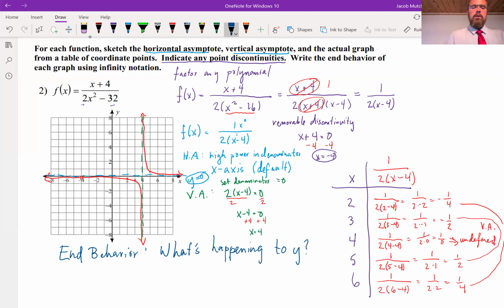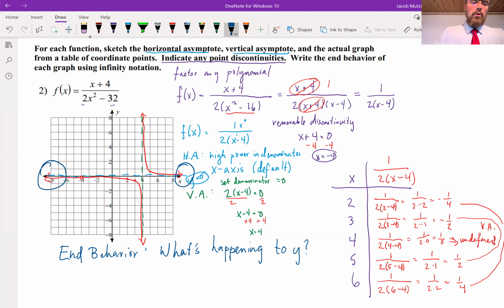So as I look both on the left and on the right extremes of the graph, what I'm noticing is that the y value is getting closer and closer and closer to the x-axis. So it's not going nosedive down towards -infinity. It's not rising up towards positive infinity. It's evening out. And that's very typical of rational functions at the x-axis.